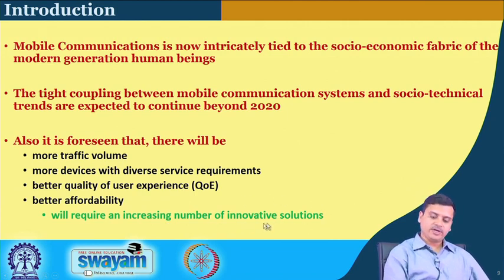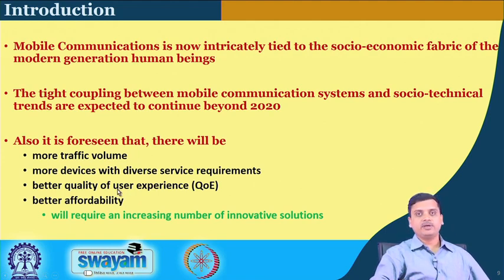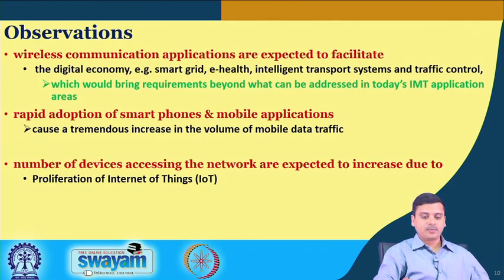This is very important for technologists, researchers especially, and students, that as requirements come up and evolve with time, you have a lot of opportunity to be creative and produce many new solutions.